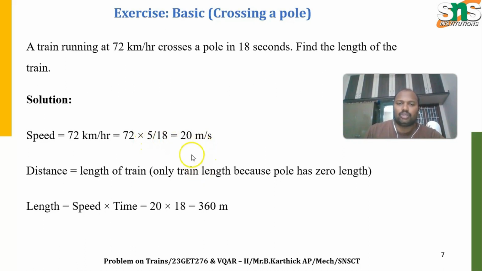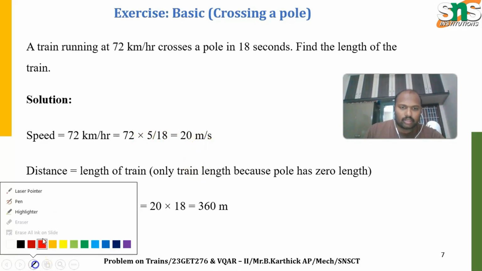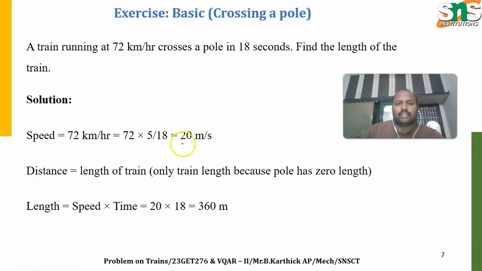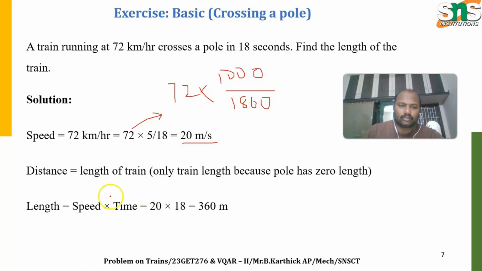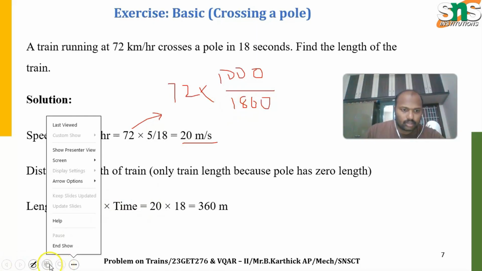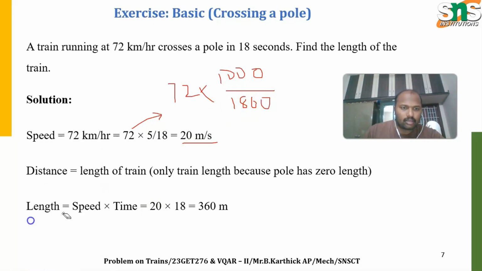It comes to 20 meters per second. That is 72 into 1000 meters for a kilometer, divided by 3600 for an hour.